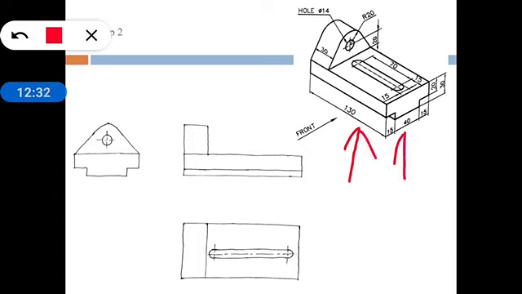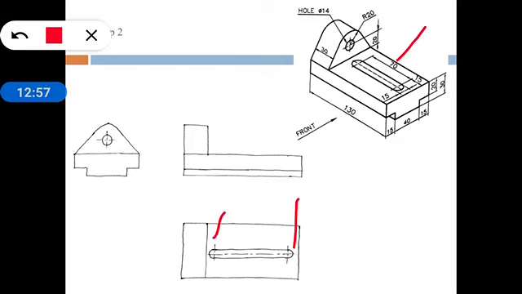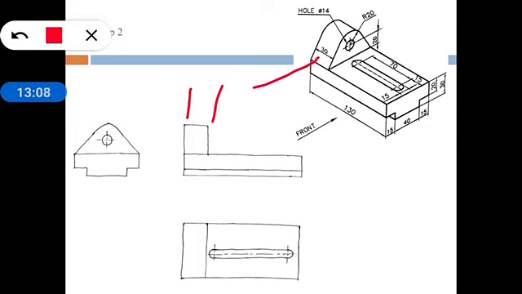Just like this one is 130, that means this portion is 130. This one is 70, that means this distance should be 70. This side is 30, that means this distance is 30.